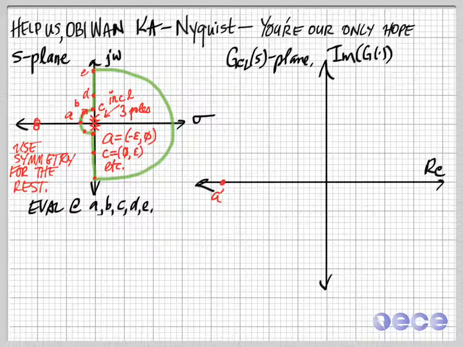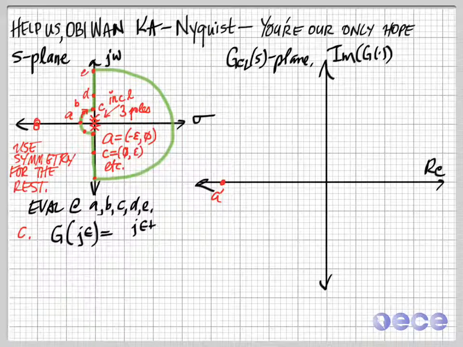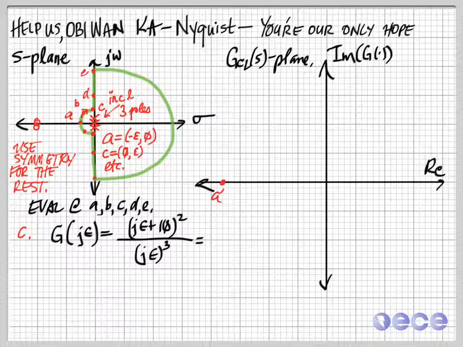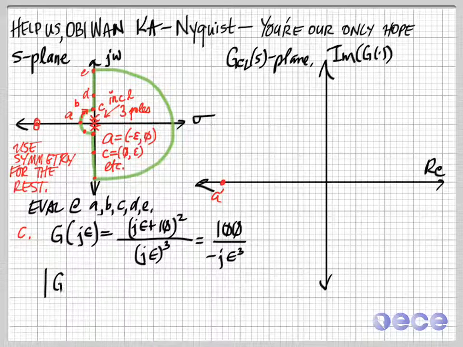So now let's do the same for B, C, D, and E. Actually, I'm going to go ahead and do C because it's going to motivate us to think about why B is an important value. So for C, G of j epsilon. Again, we're adding a really small imaginary number to 10 and squaring it. And then we're dividing by an imaginary number that's really small cubed. So it's again about 100 divided by minus j epsilon cubed.